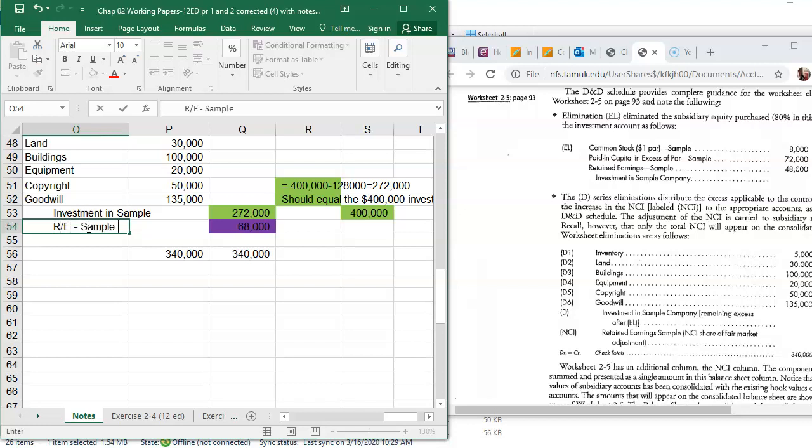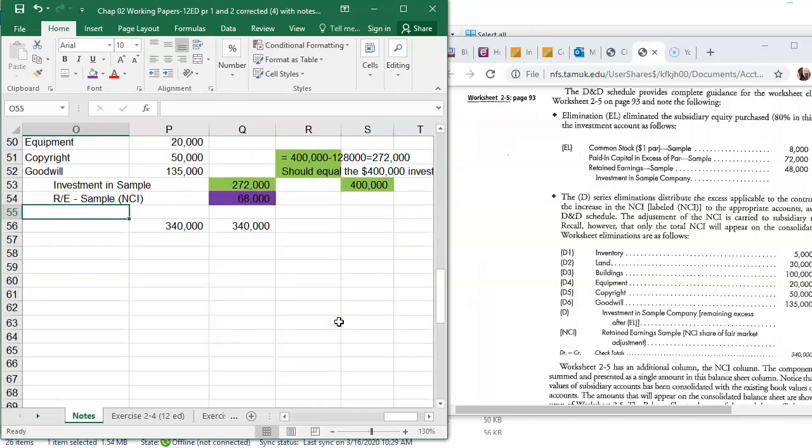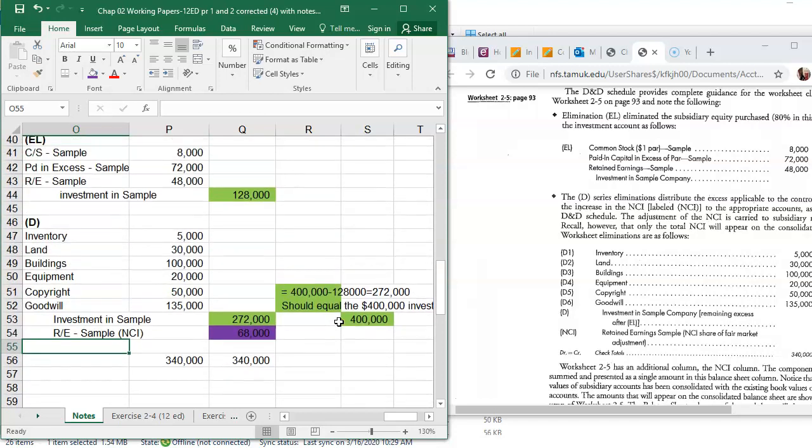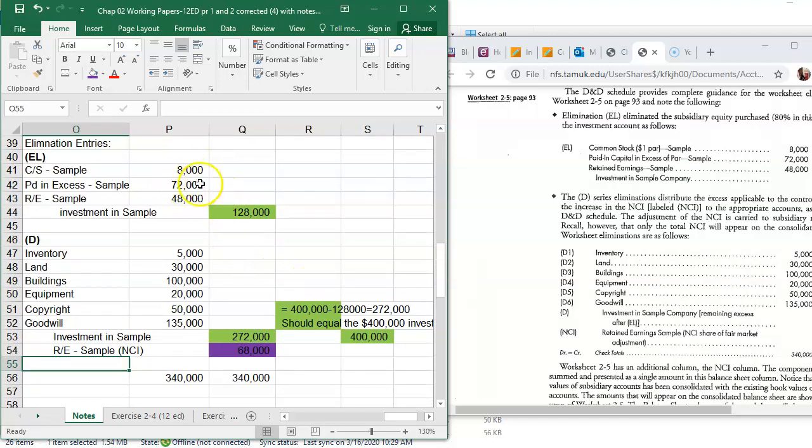I think I usually end up crediting something called NCI, because that's what it is. Basically, you take the other 20% out of these accounts and put it into retained earnings of Sample, but it's the NCI share.